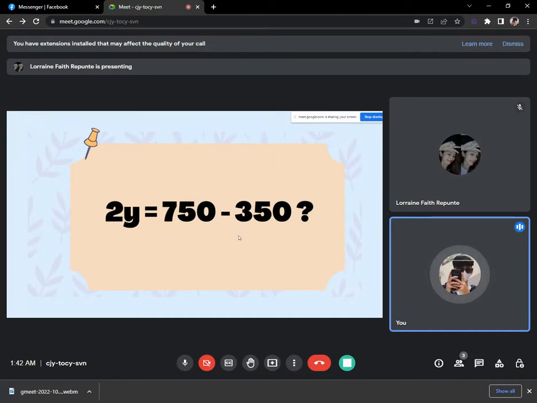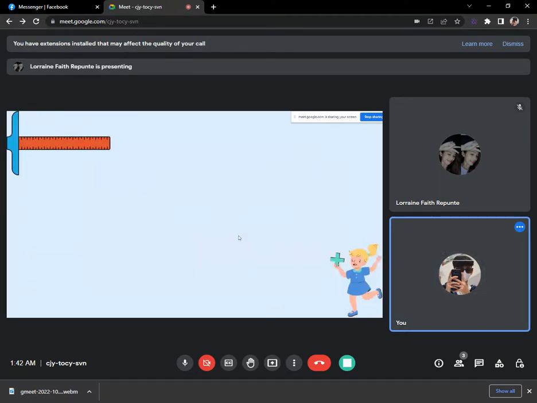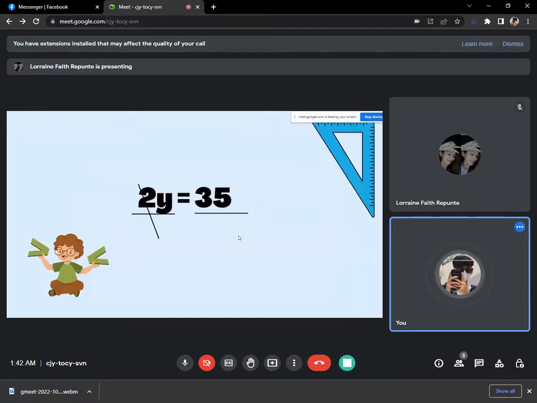So let's continue the operation. 2y equals 700 minus 350, which is 350. So 2y equals 350. In this case, we divide both sides by 2 so that y will remain. 2y divided by 2 is equal to 1y, so y will remain, and 350 divided by 2 is equal to 175.